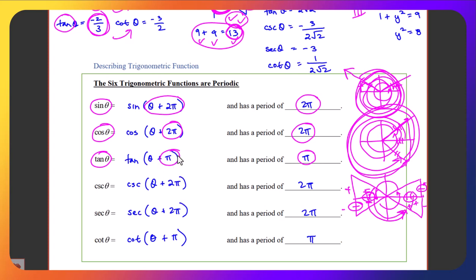So tangent and cotangent have a period of pi. And tangent and cotangent match up, sine and cosecant match up, and cosine and secant match up in terms of their period, in terms of how long it takes for it to start over.